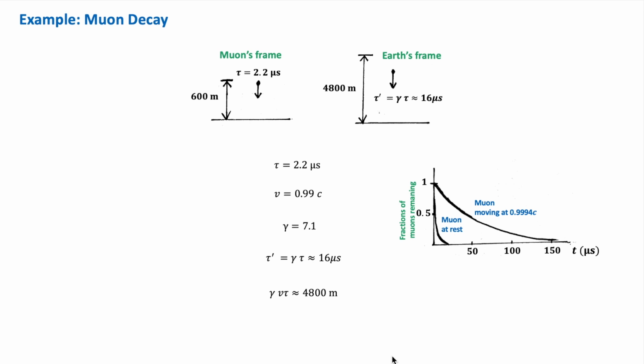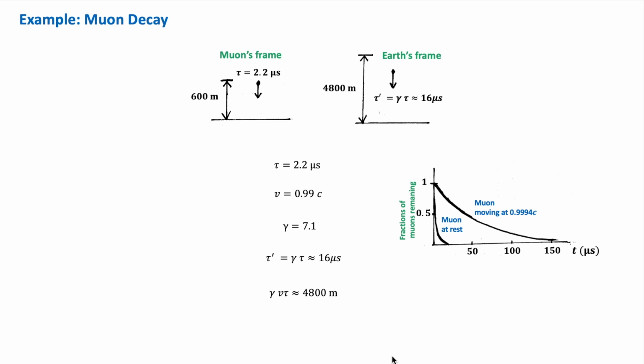So this phenomena of time dilation is verifiable in, for example, experiments on muons reaching the Earth. A muon is an unstable elementary particle that has a charge equal to that of the electron and a mass that is 207 times that of the electron, okay? And muons can be produced by the collisions of cosmic radiation with atoms high in the atmosphere.